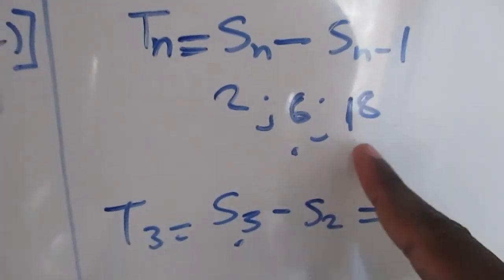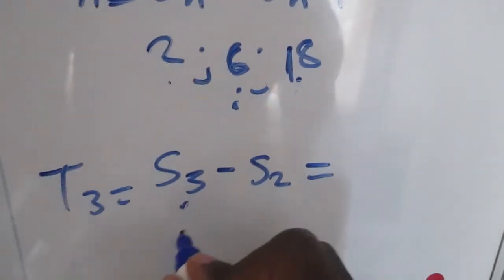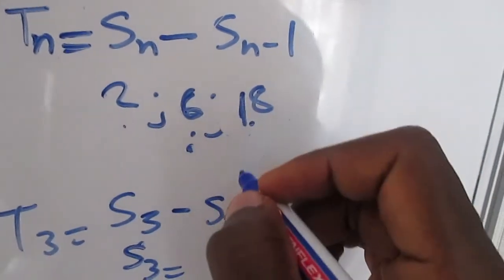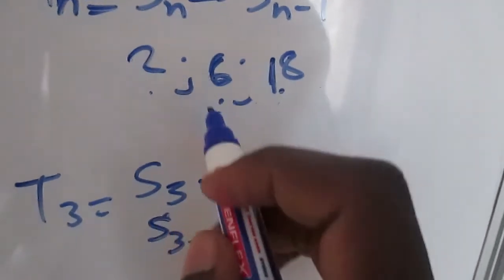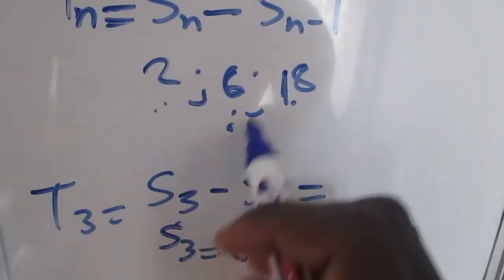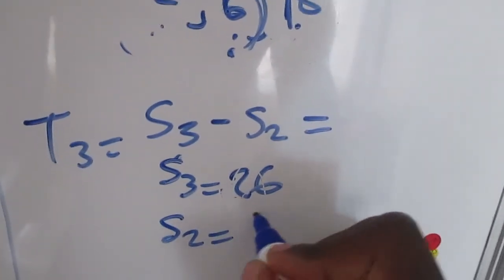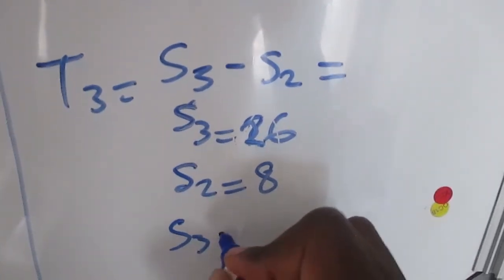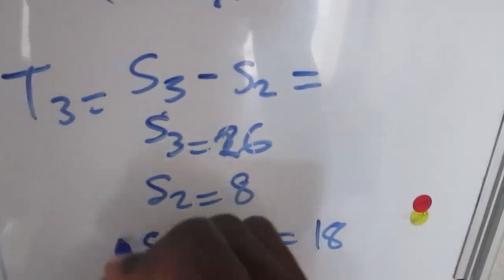And let's verify if this is true. So you basically have 2 plus 6 plus 18. So your sum to 2 terms is 2 plus 6, which is 8. And added to that would be 18, giving 26. So now, saying S3 subtract S2 would give you a value of 18.